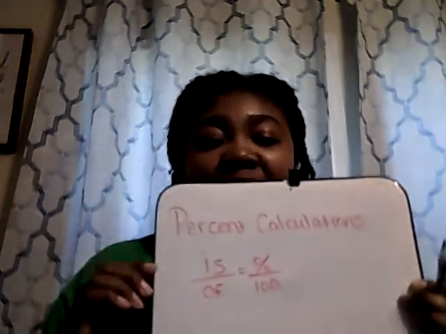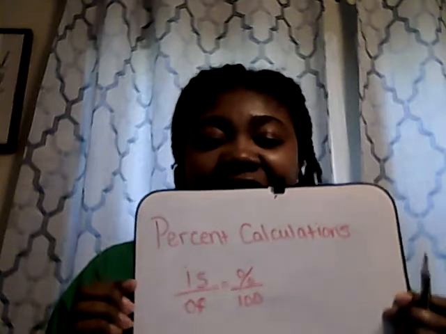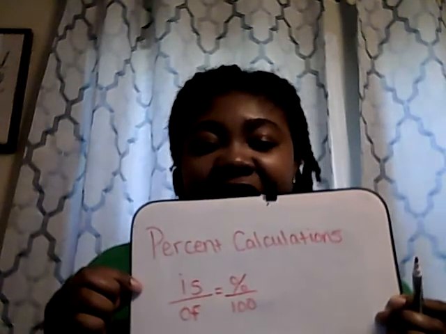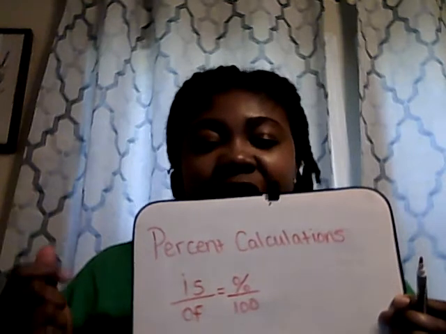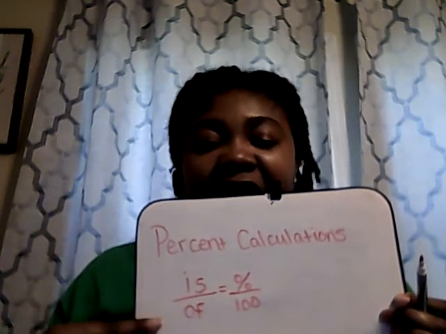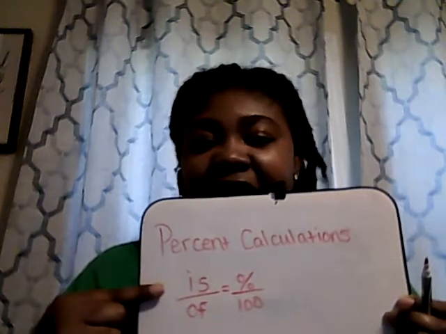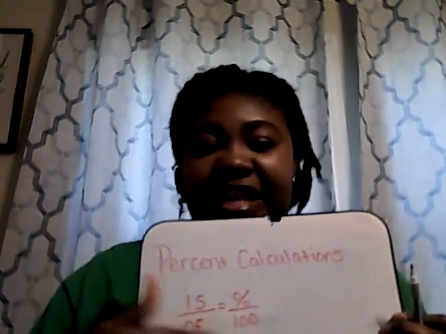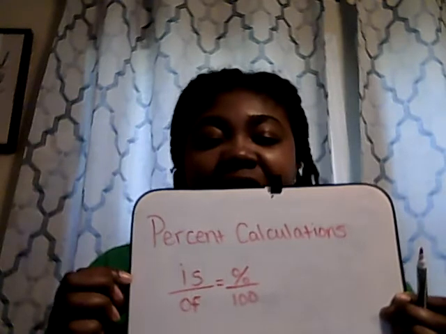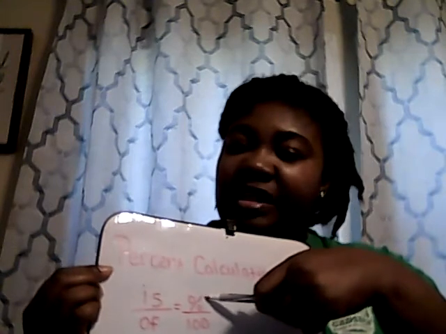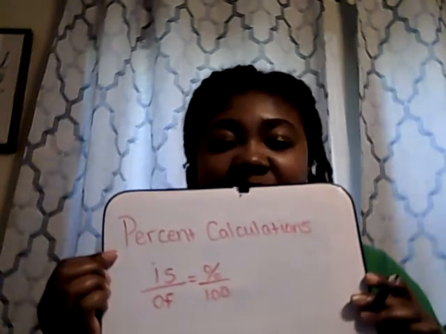If it gives you the percent in the question, you plug it in where it says percent. If it gives you the of, you plug it in where it's the of, and if it gives you the number for is, you plug it in where it says is. The is will always be in this spot, the of will always be in this spot, the percent will always be in this spot, and of course the 100 will always be right there at the bottom.